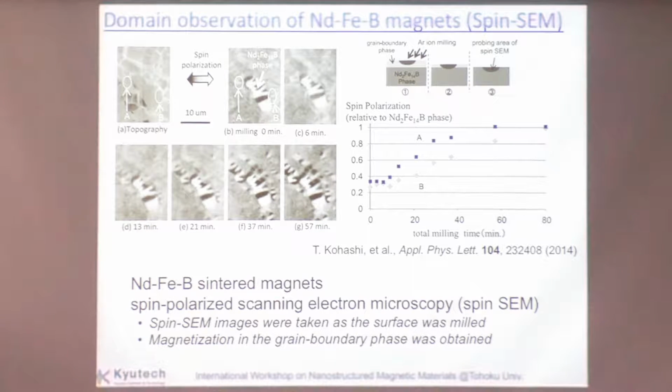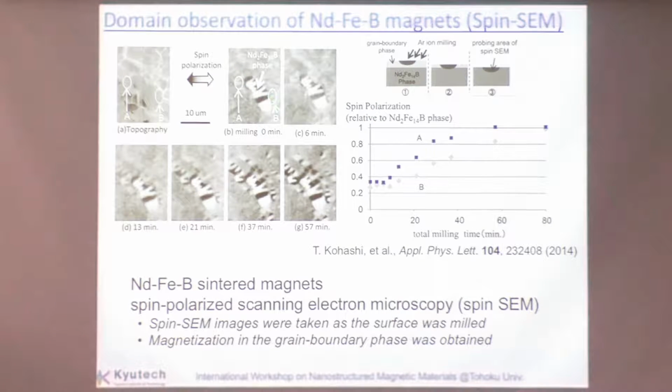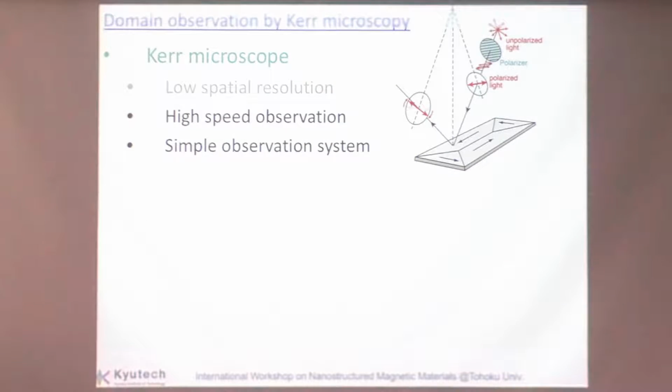And they measured the spin polarization at this point and this point. So magnetization in the grain boundary phase and the 2-14-1 phase was obtained in this paper. That's a very useful tool for domain observation of permanent magnets.